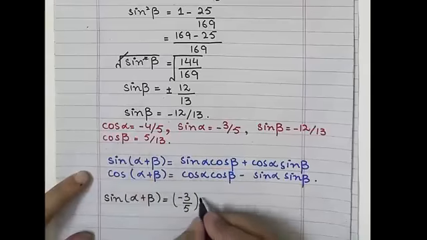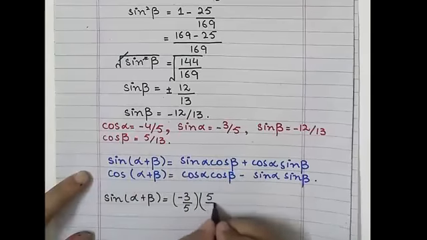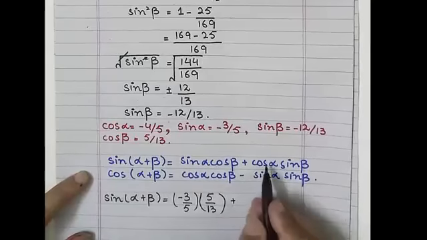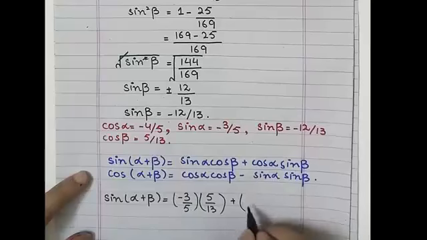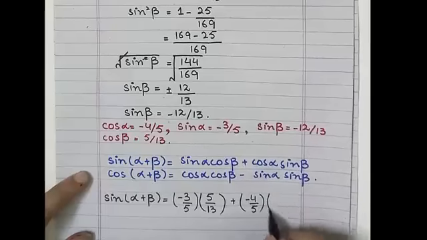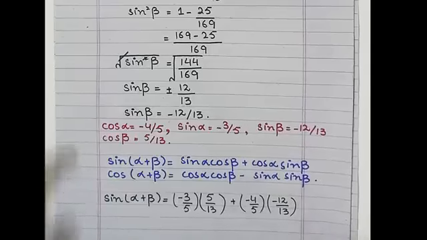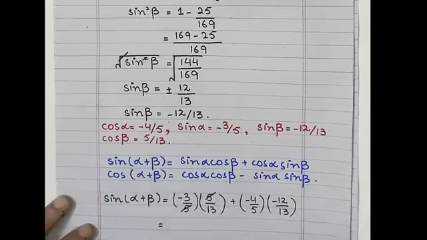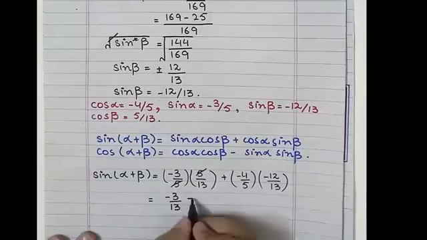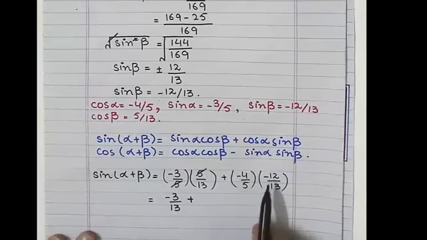The value of cos beta is 5 over 13, plus the value of cos alpha, minus 4 over 5, and the value of sin beta, minus 12 over 13. So 5 and 5 will be cancelled out and we have minus 3 over 13. So plus, minus times minus is plus.